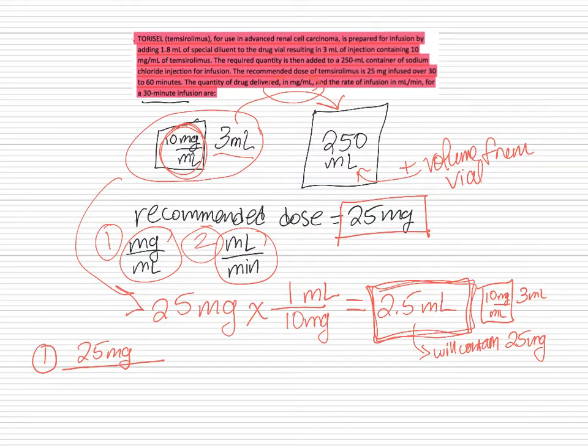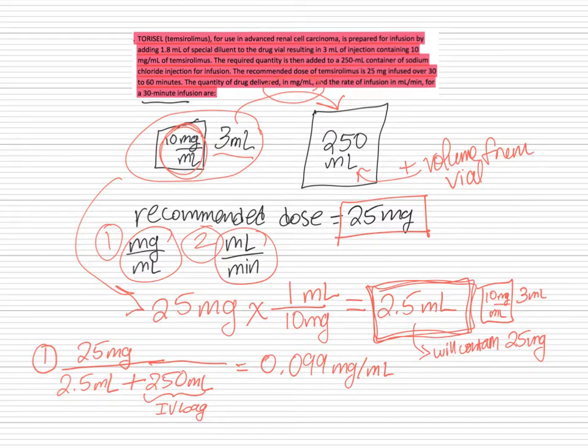So this was 2.5 mLs added to the 250 mLs, and this is from that IV bag. So if you calculate this, it's going to give us 0.099 mg per mL.